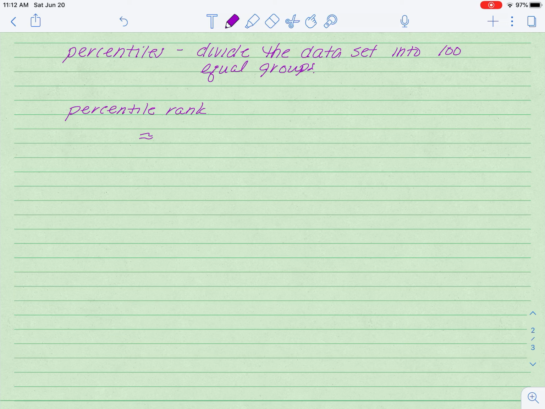So an example of a percentile rank would be something like the 72nd percentile. This means that a person that ranks in the 72nd percentile scored above 72% of the people that took the test.